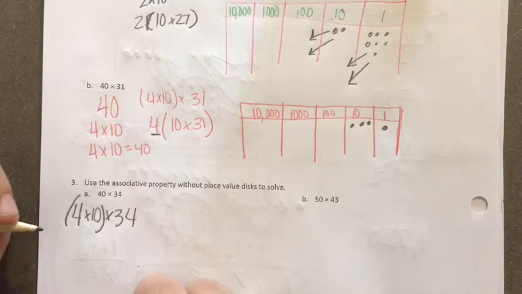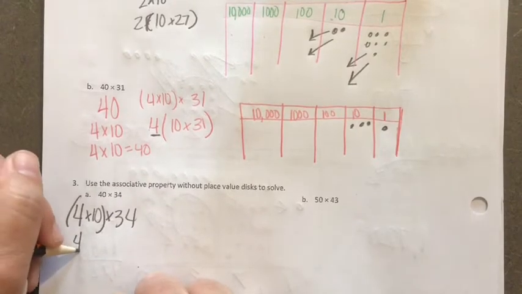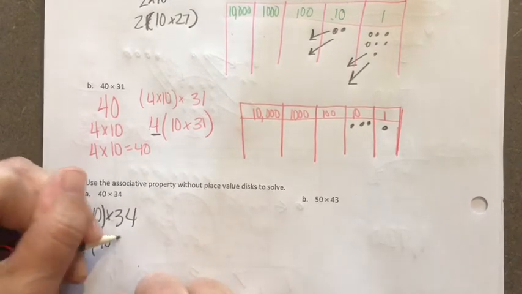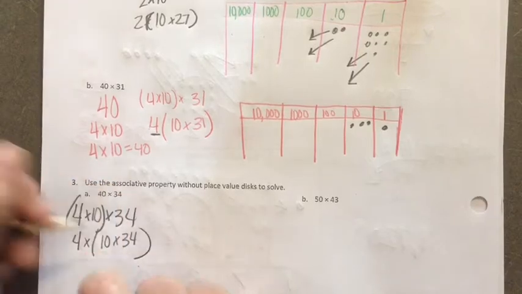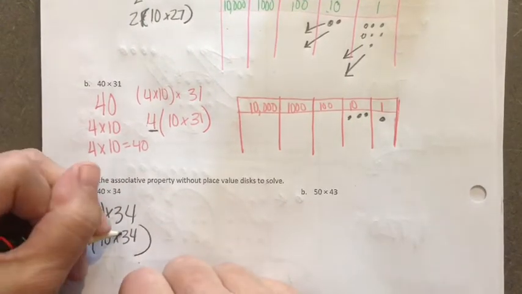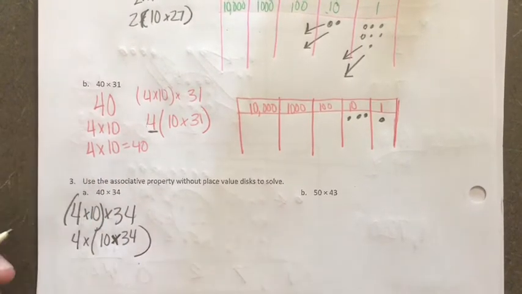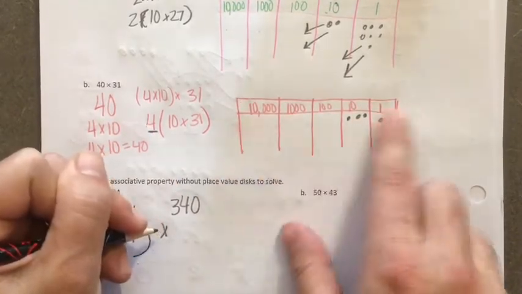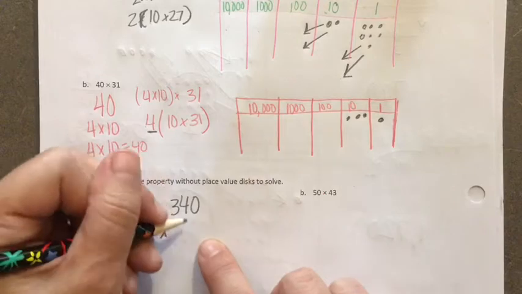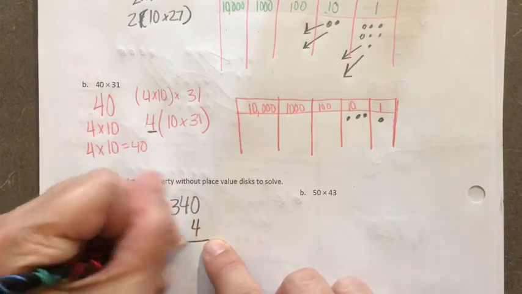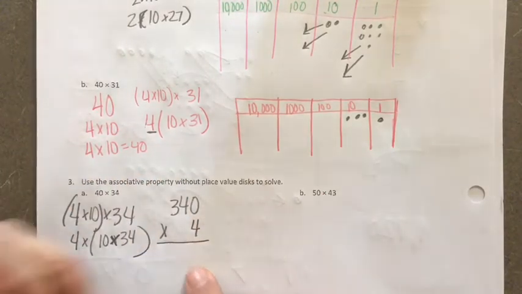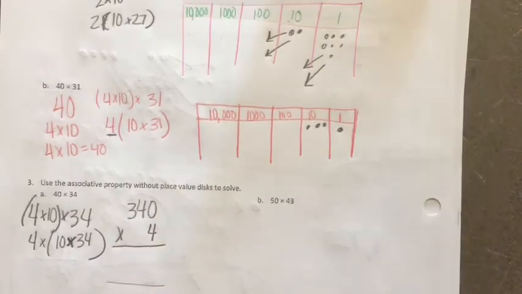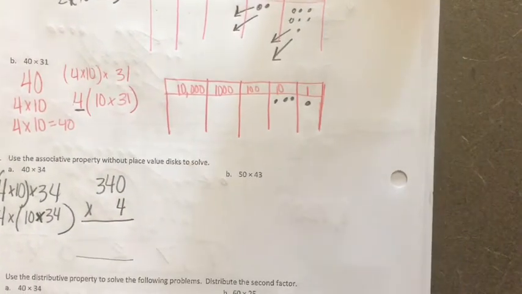Or, because of the associative property, I can say 4 times, and I can put my brackets around 10 times 34. Well, if you take away my place value, I'm going to do my multiplication like this. What would your product be?